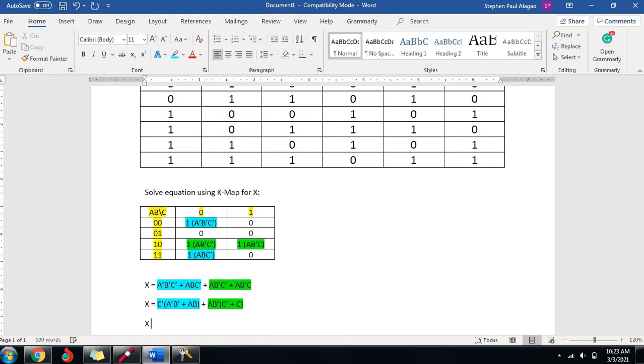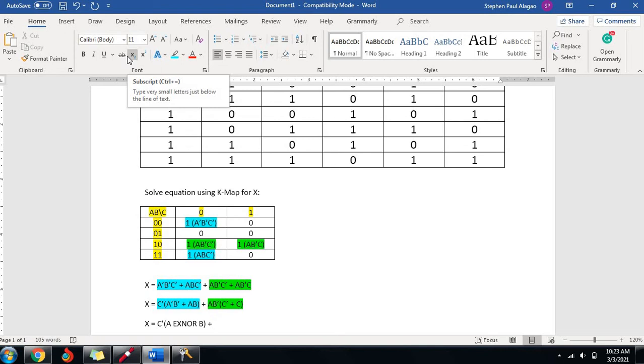X nor. So simplifying that, you will have c, then a x nor b. I don't know the symbol here, but the symbol for x nor is either a circle with a dot in the middle, which is one symbol of x nor.